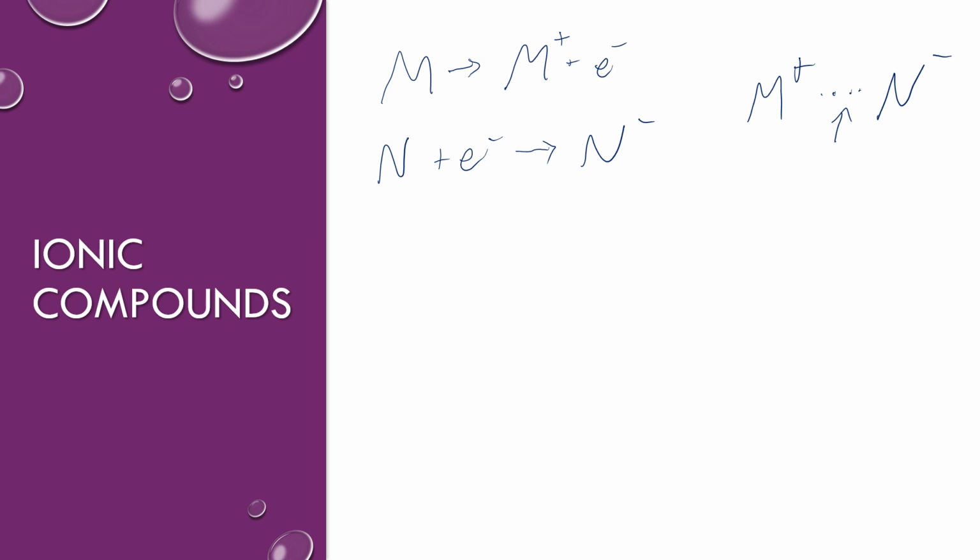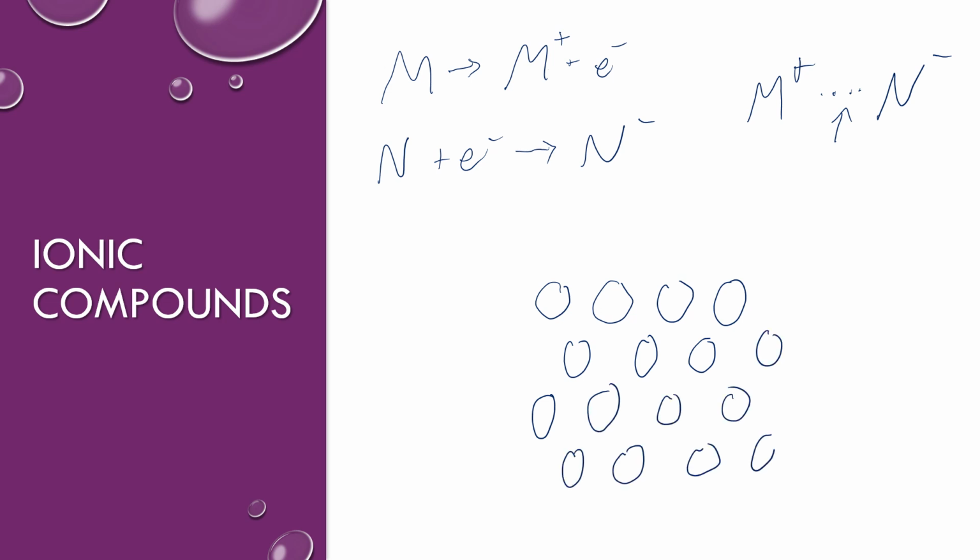But more importantly for this particular section is that they form this lattice structure. So you'll see that the ions are going to interact with each other in such a way that it could be interacting with any of a number of other ions.